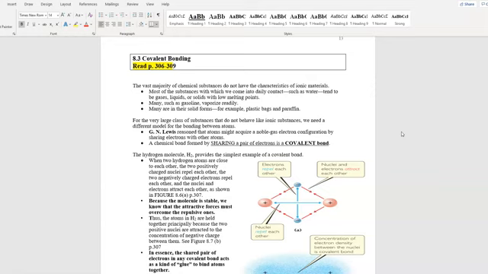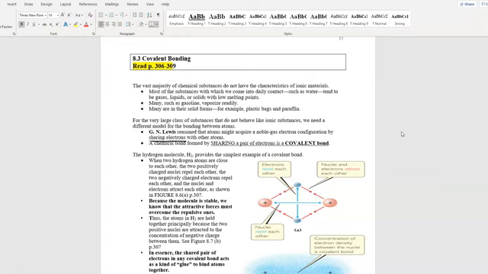For the very large class of substances that do not behave like ionic substances, we need a different model for bonding between the atoms, which means when we draw them, we need to look at a different set of rules. So a scientist named Lewis, whose name you've heard back in 8.1, reasoned that atoms might achieve a noble gas electron configuration by sharing electrons.